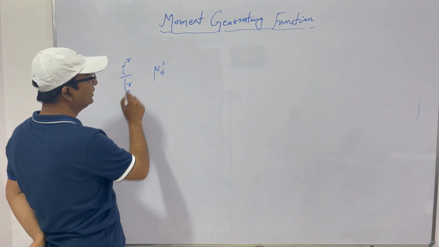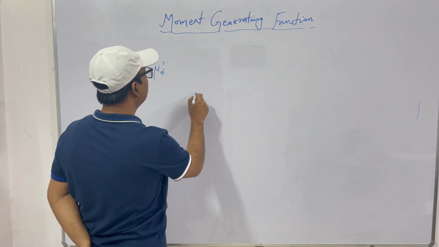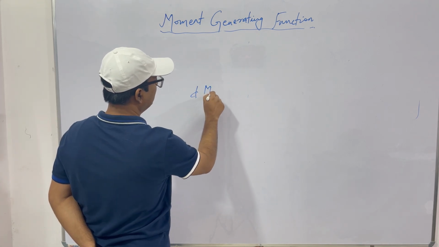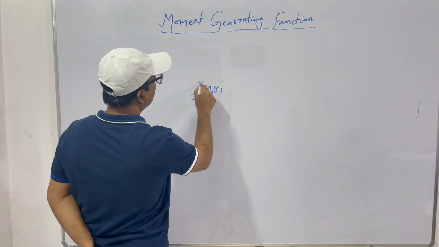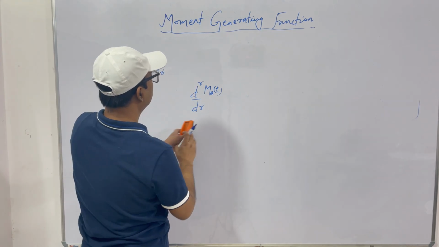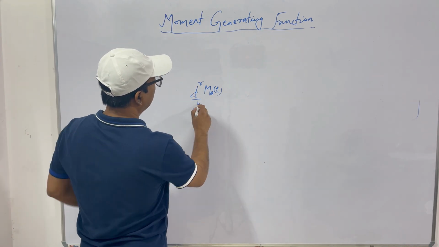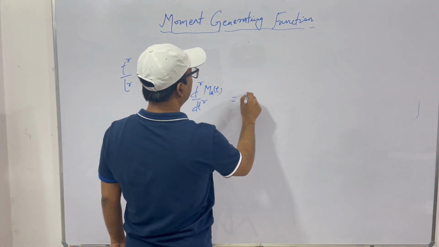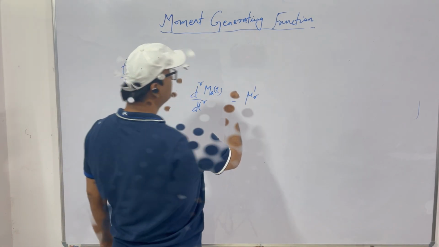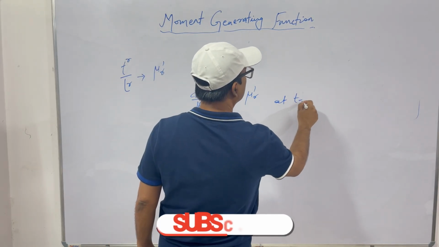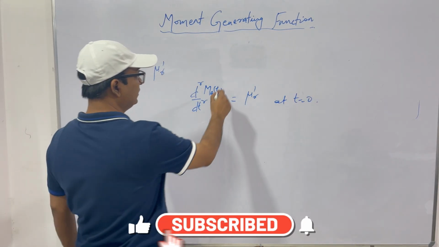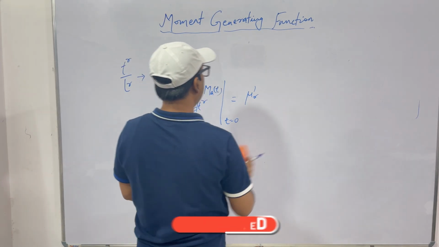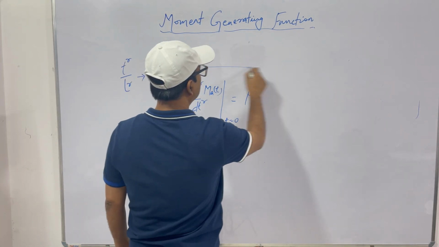We get from here that if you take the rth derivative of this moment generating function with respect to t, you get mu r dash at t equal to 0. So this is a very important formula.